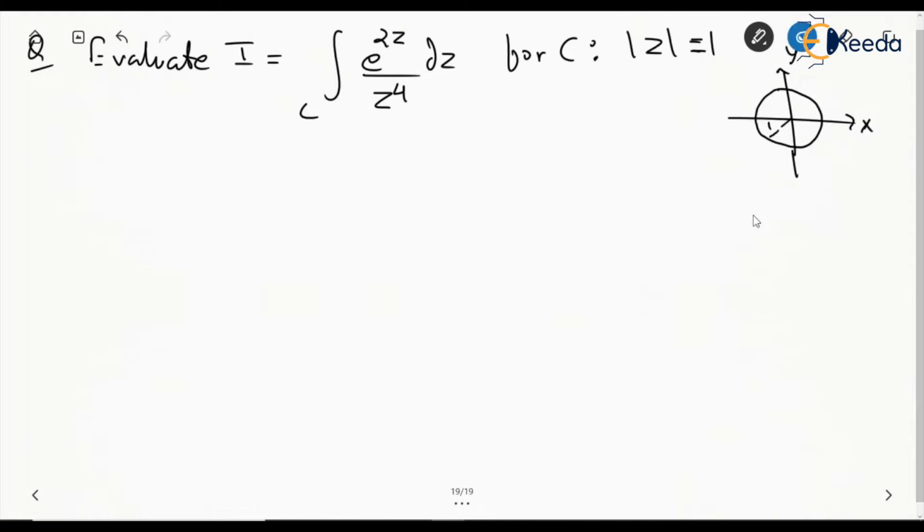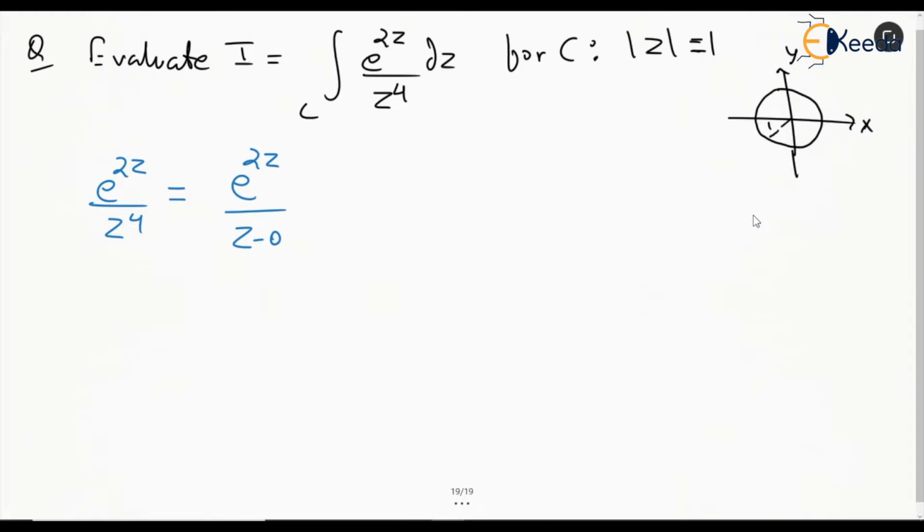How to solve this? Let's see this. So what we have is e to the power of 2z by z to the power of 4. Can we see this as e to the power of 2z by z minus 0 to the power of 4? And can we say this is nothing but f of z by z minus z naught to the power of 4?